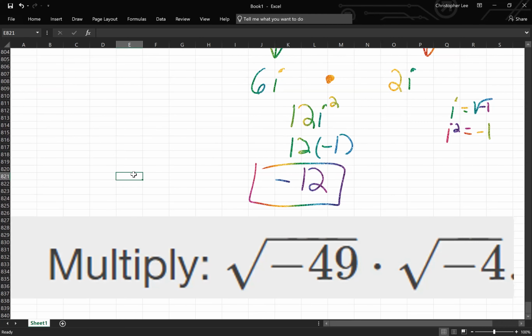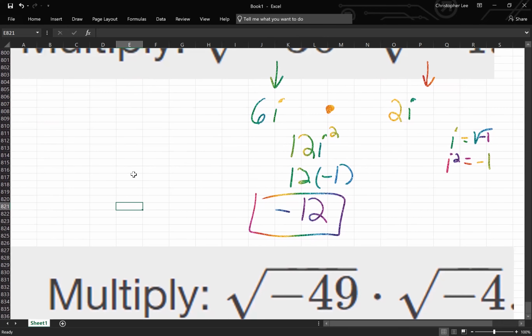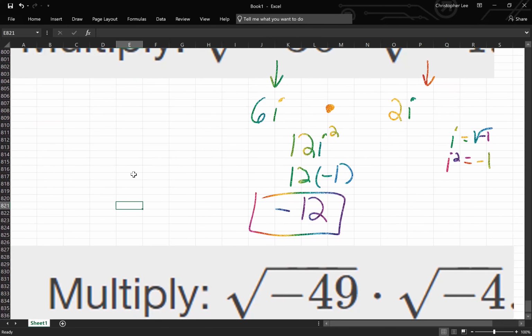You guys try. So switch it to an imaginary number and then multiply it.